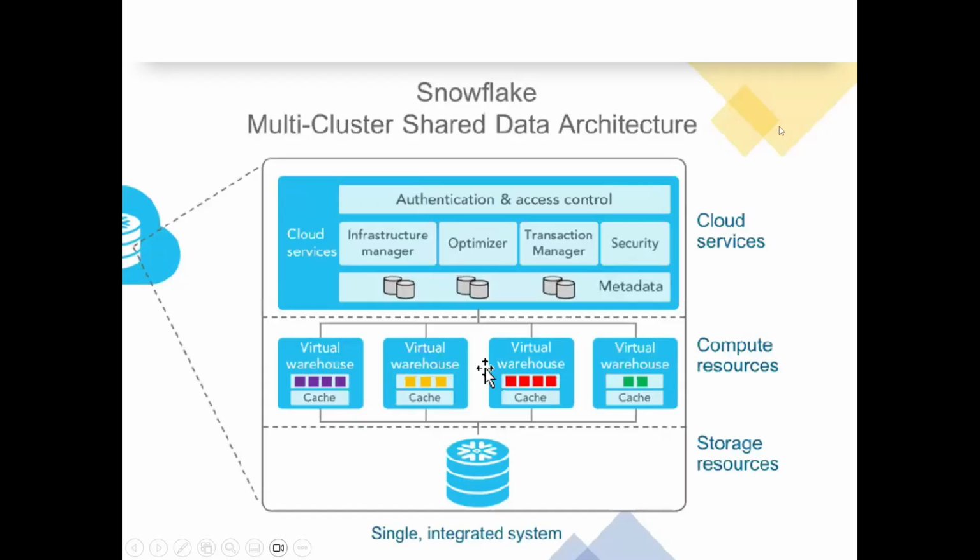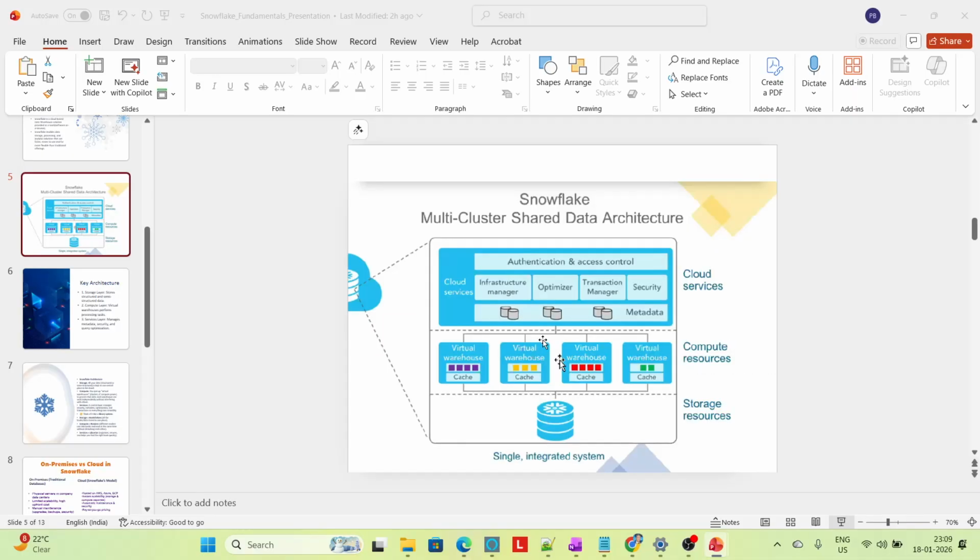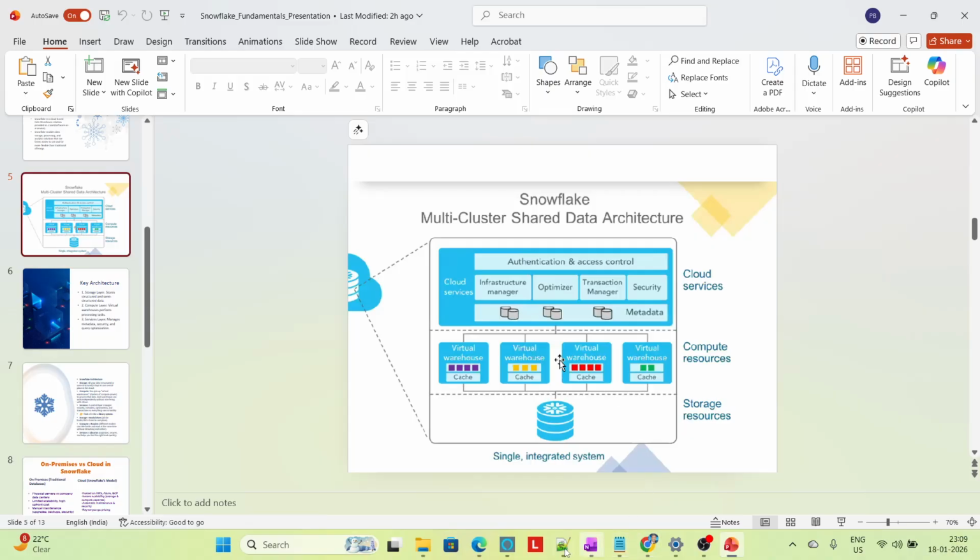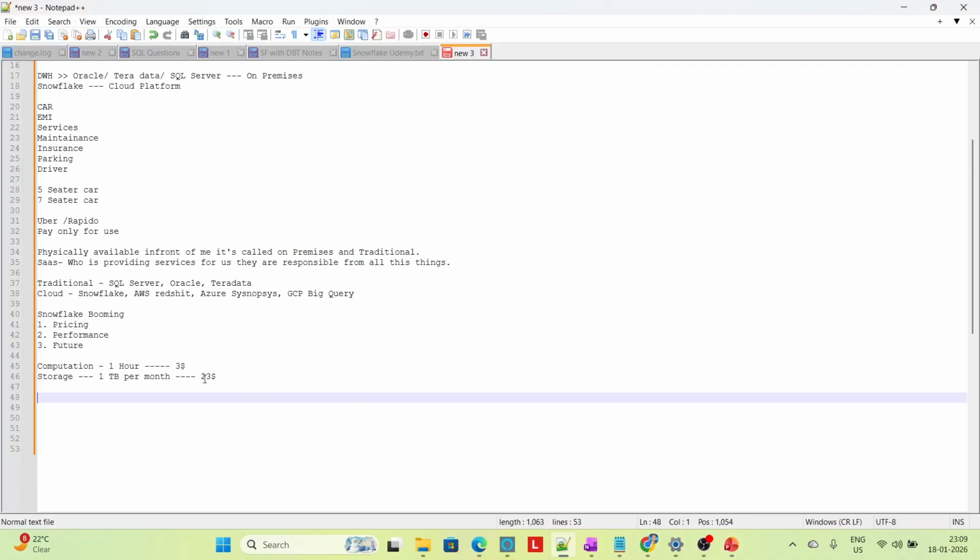These three layers: cloud services, compute resources, and storage resources. Snowflake has configured these three layers on top of the existing cloud platform. For example, if I go to Notepad, what is the architecture Snowflake configured?